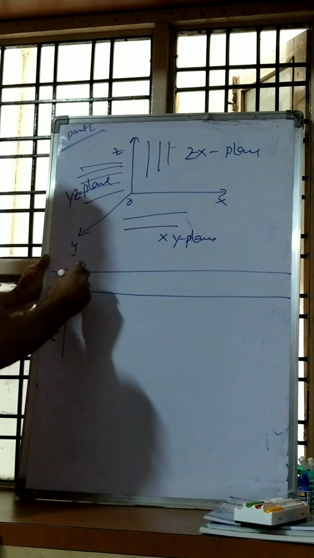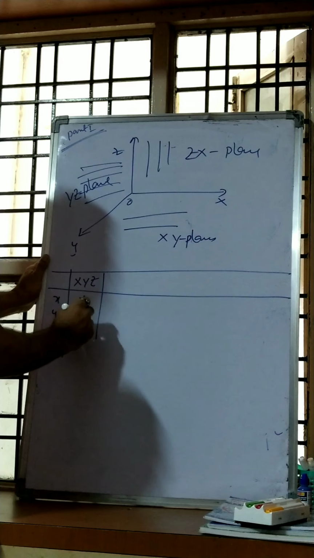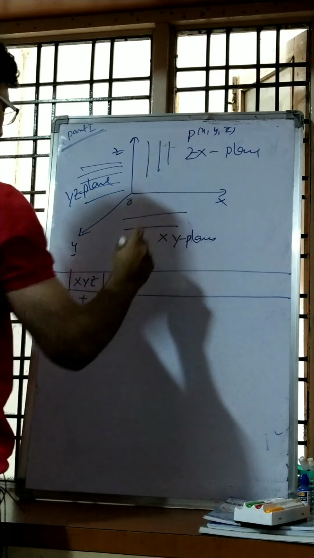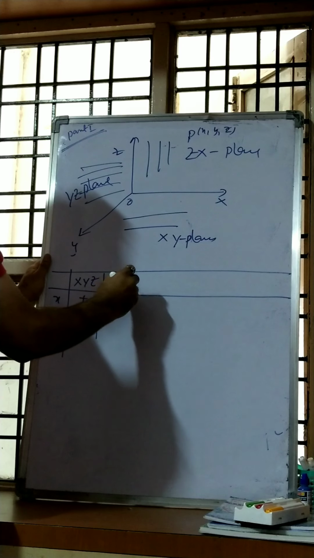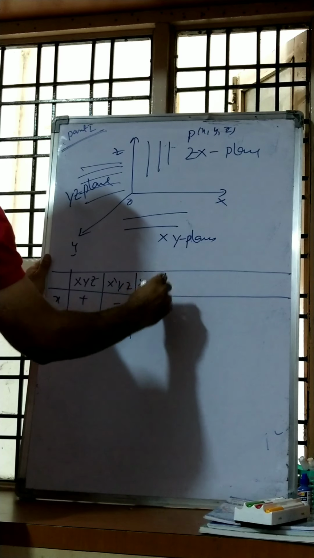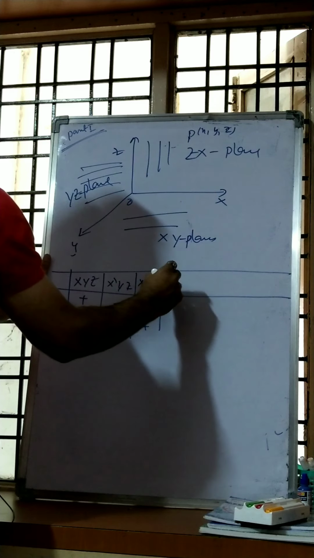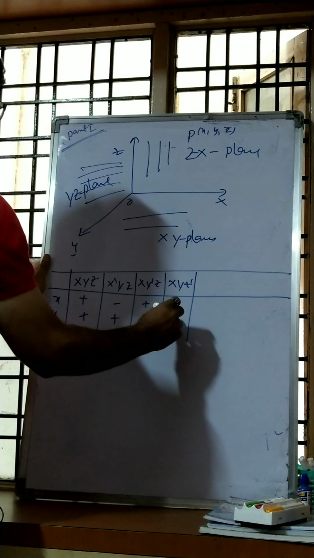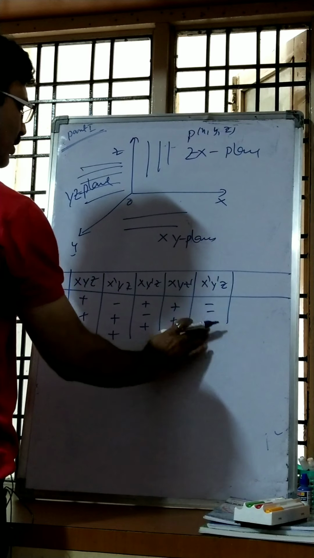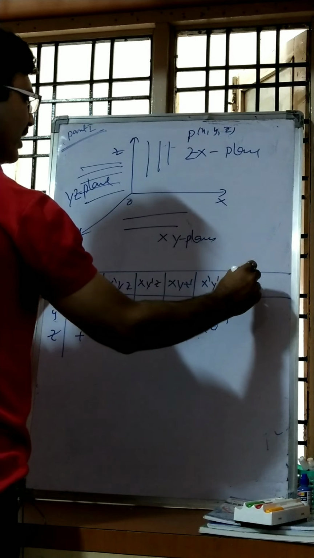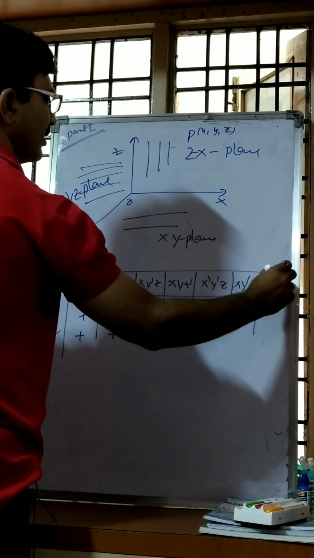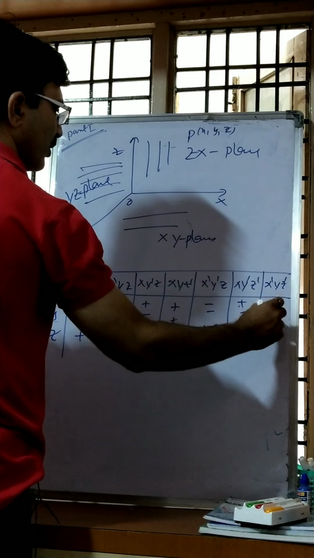So x, y, z. First all are positive. If I take a point x, y, z, the coordinates of the point change like this: x dash, y, z is negative, positive, positive. x, y dash, z is positive, negative, positive. x, y, z dash is positive, positive, negative. x dash, y dash, z is negative, negative, positive. x, y dash, z dash is positive, negative, negative. x dash, y, z dash is negative, positive, negative.